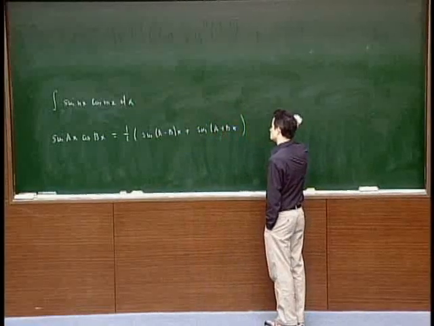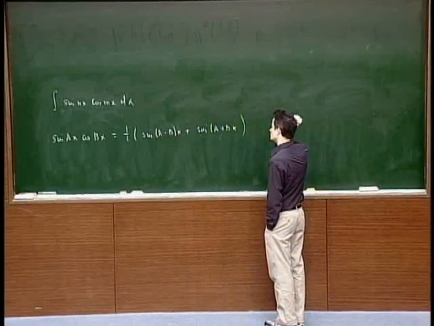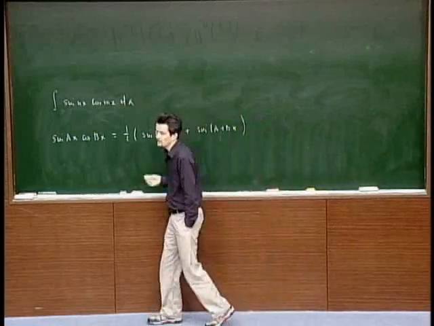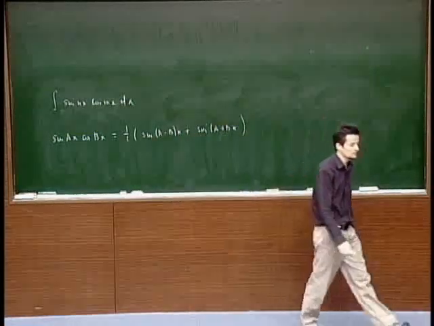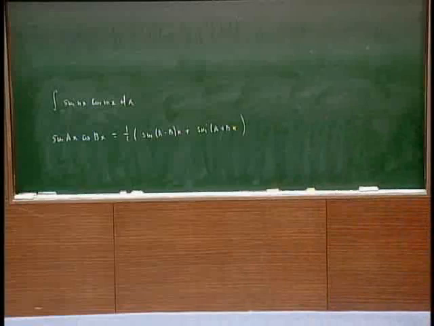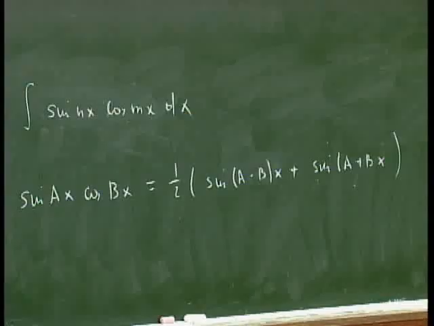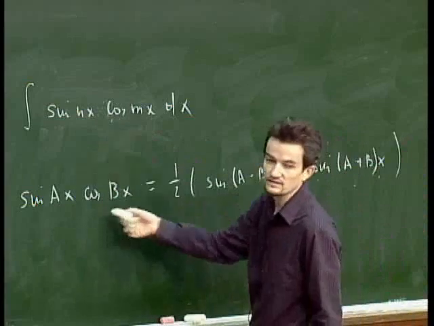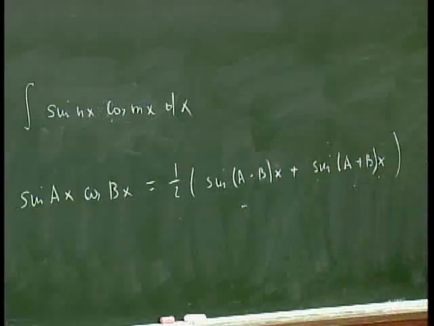You find similar relations in our textbook. If you do not have a sine and a cosine, but two sines or two cosines, you have similar relations. Now you can use this in order to rewrite the integrand in this form, and this is easier.